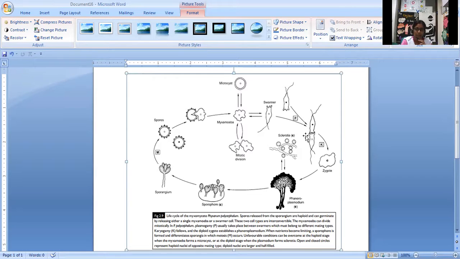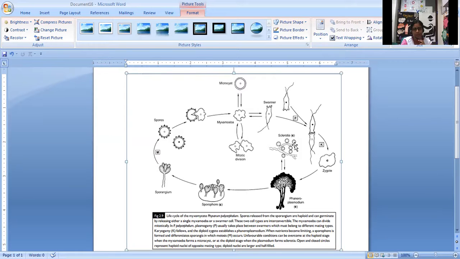Karyogamy follows, forming the diploid zygote and establishing the phaneroplasmodium. When nutrients become limiting, sporophores are formed and differentiated into sporangia, in which meiosis occurs.